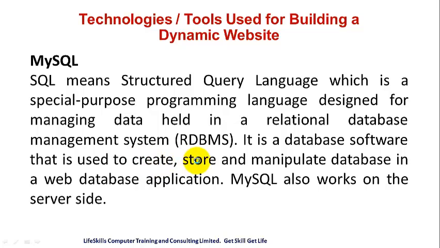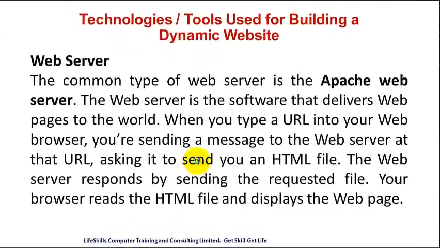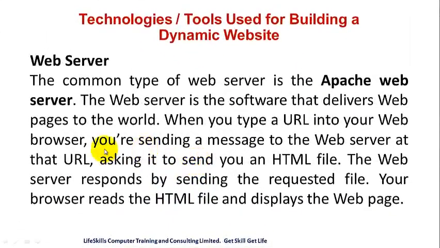Now, the 7th technology, or the 6th you will need, is what we refer to as a web server. The common type of web server is Apache web server. And by the time you begin to write PHP and MySQL, you will need to install Apache server on your system.